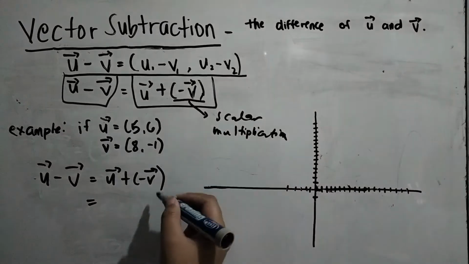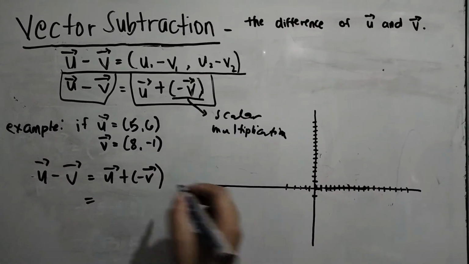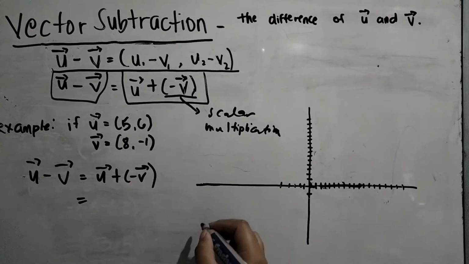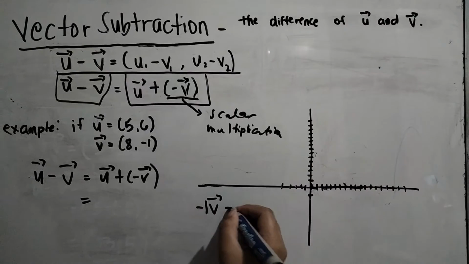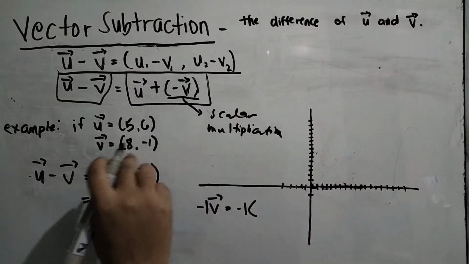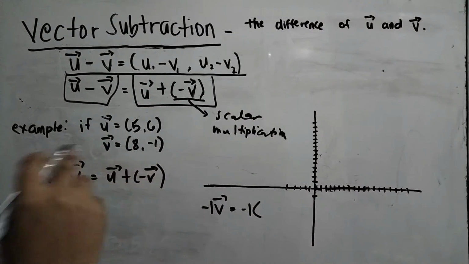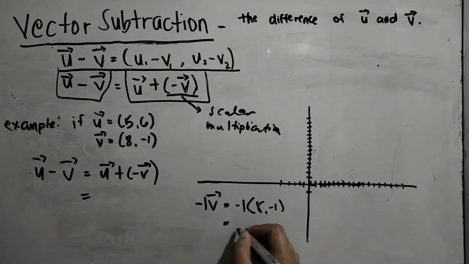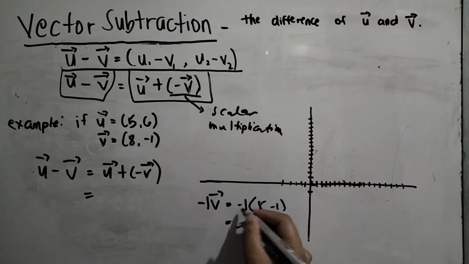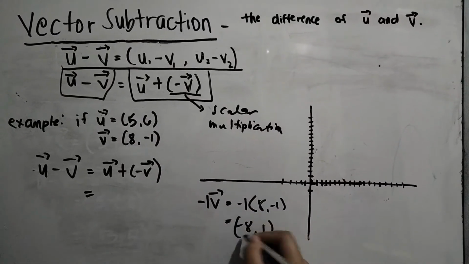Itong scalar multiplication na to. So, negative v, same as negative 1v. Diba? So, negative 1 and the value of vectors v, 8 and negative 1 is equals to negative 8. Negative 1 times negative 1 is positive 1.